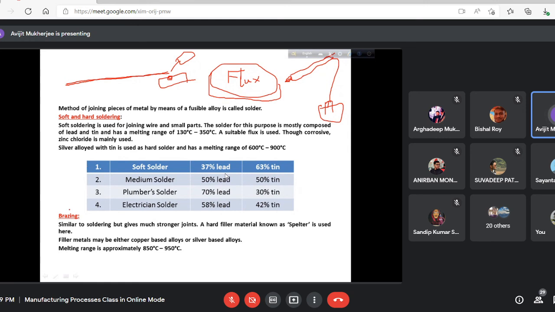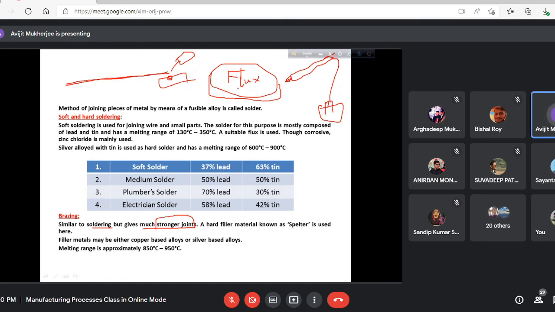Another term is brazing, that is also a joining. It is also similar to soldering, but it will give a stronger joint than the solder joint. Here a filler metal is used.